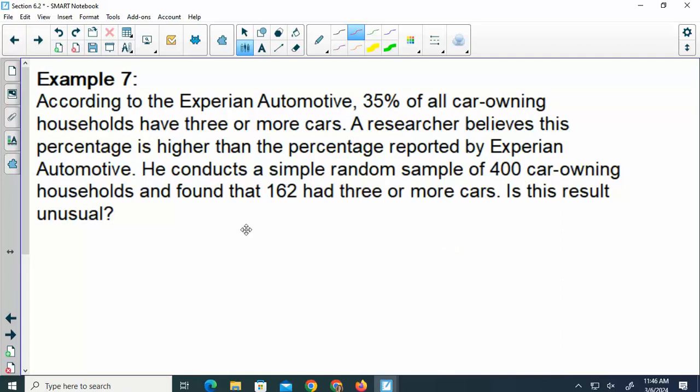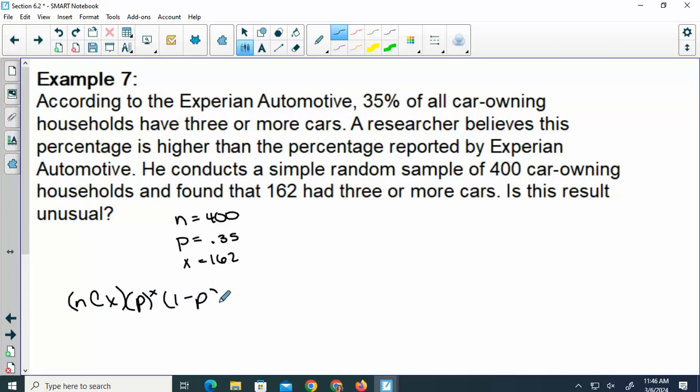If I just wanted the probability of this, what is my n? What is my p, the probability of success? What is my x? So the formula was n choose x times p to the x times 1 minus p to the n minus x.